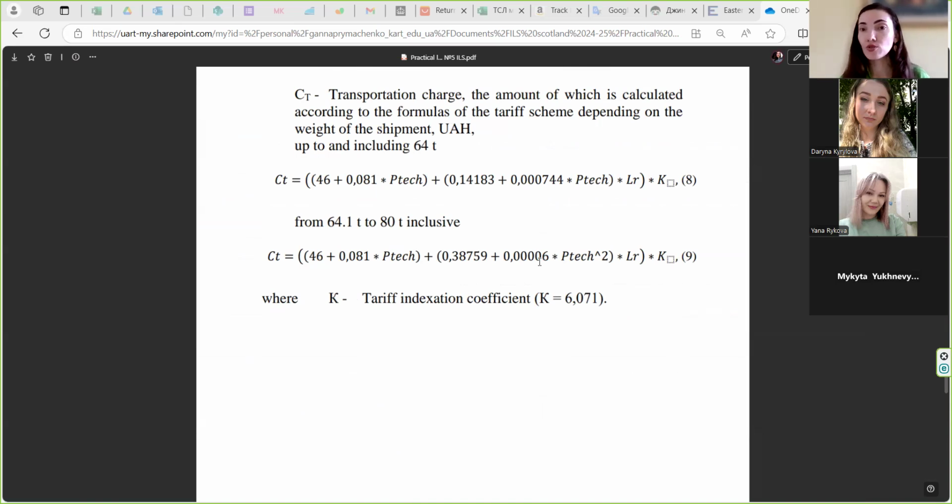If you choose formula number 9, please be careful that in this part the parameter P with index H is squared. So please remember that. And please do it. I think we need a few minutes to calculate each, right?